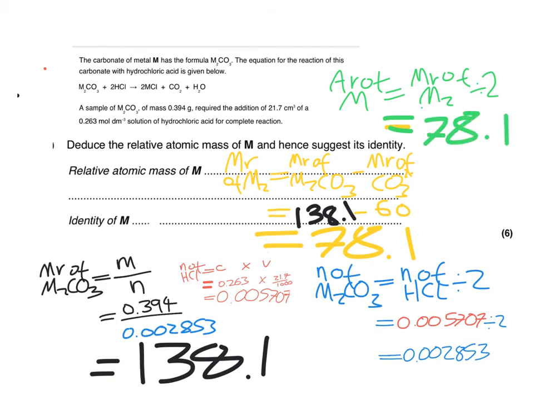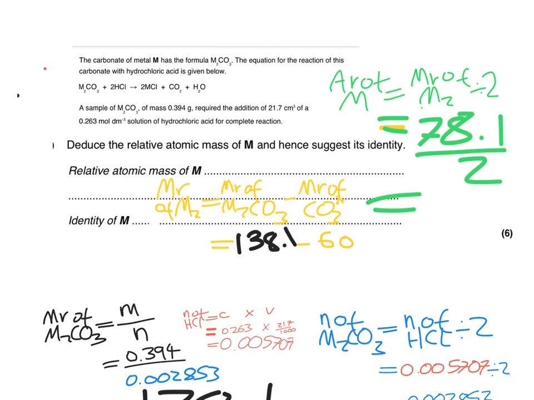That's the MR of M2, but we want the AR of just M, so let's divide that by 2. Dividing that by 2 gives us 39, and this is our final answer. It's actually 39.05, but I'm going to round that to 39.1 to 3 sig figs, and that's our relative atomic mass. So that's the answer to this bit here.